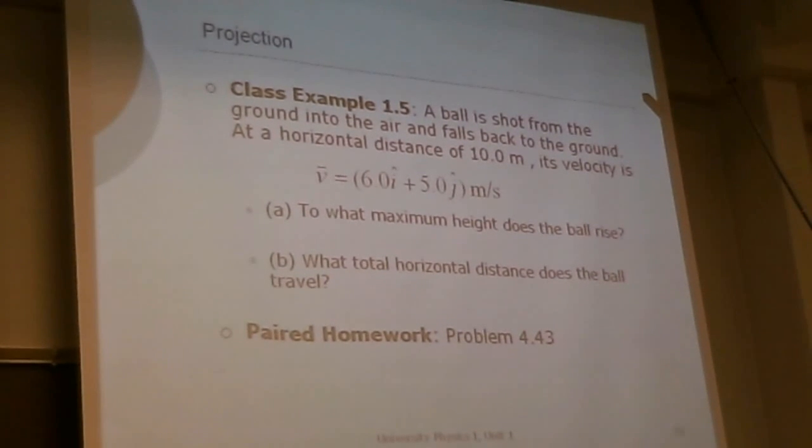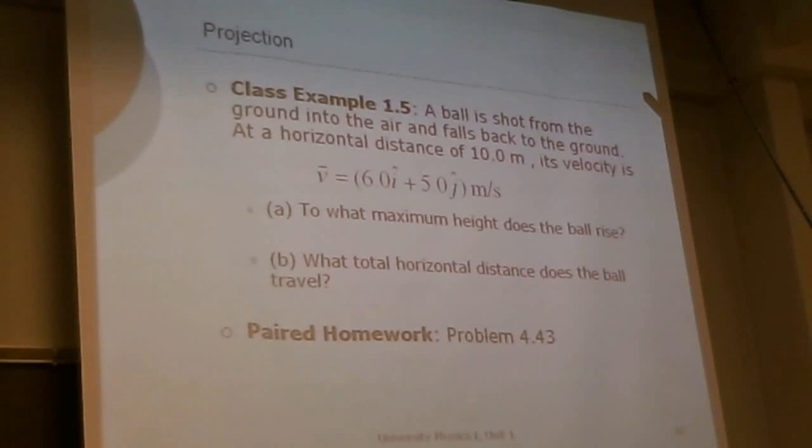Okay, it says that the ball is shot from the ground into the air and falls back to the ground. At the horizontal distance of 10 meters, the velocity is given in vector form. That's a good thing, because you can directly know the x component and y component of the velocity at that time. You don't even have to do the cosine sine calculation.